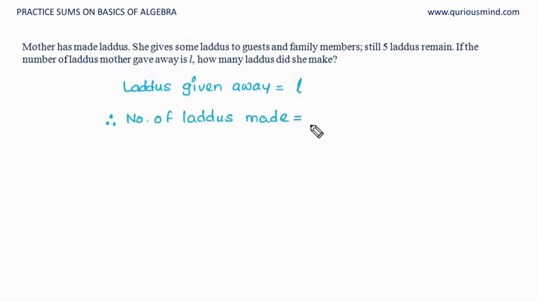Whatever she has given, they were also made. So L were made. And 5 are still remaining, which means plus 5. Even after giving L away, we still have 5. So total would be 5 plus L or L plus 5.